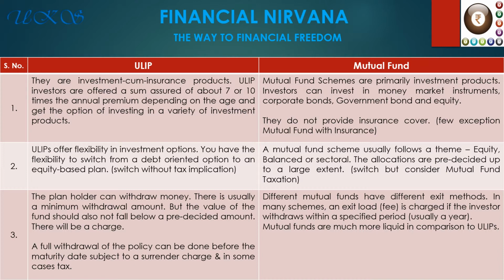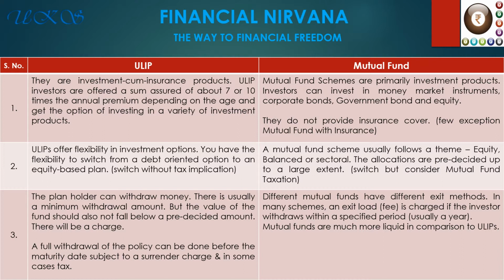The third difference is that the plan holder can withdraw money. There is usually a minimum withdrawal amount, and the value of the fund should not fall below a pre-decided amount. There will be a charge for it. A full withdrawal of the policy can be done before the maturity date, subject to a surrender charge and in some cases tax.